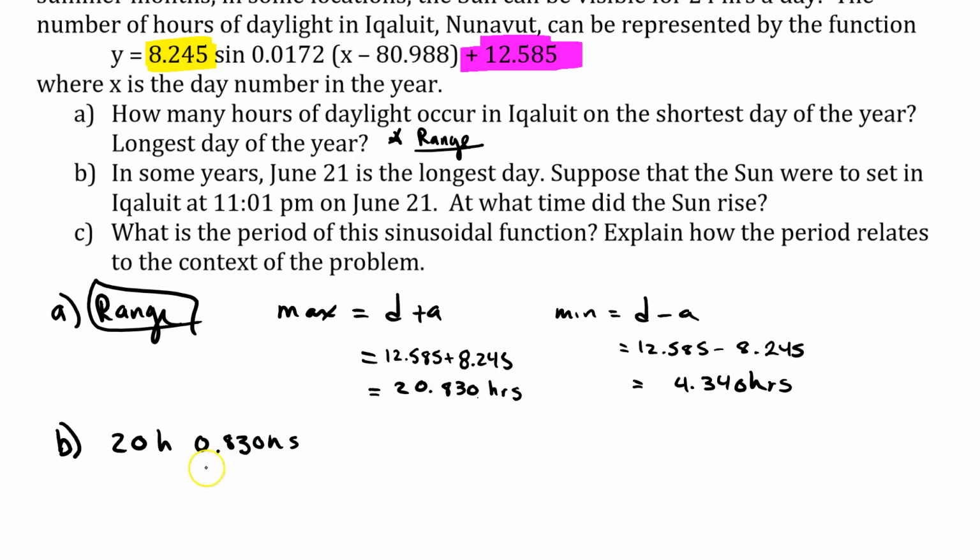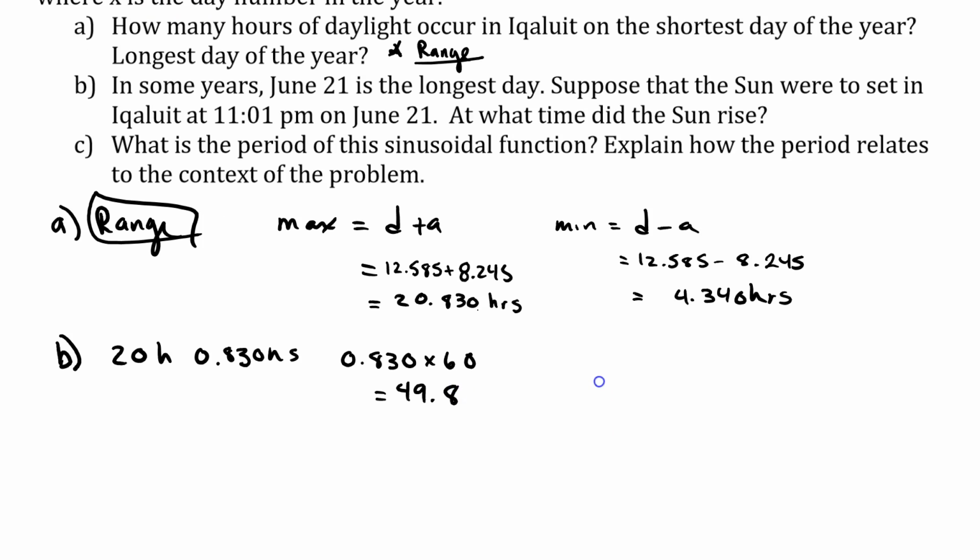Okay, so let's convert this into minutes. On the longest day, if it sets at 11:01, it means that the sun rose 20.830 hours previous. So we have 20 here, and let's convert the decimal into minutes. 0.830 times 60 is going to be 49.8 minutes.